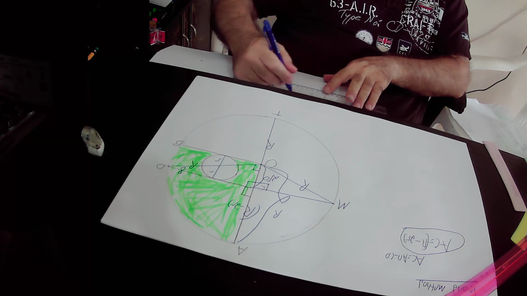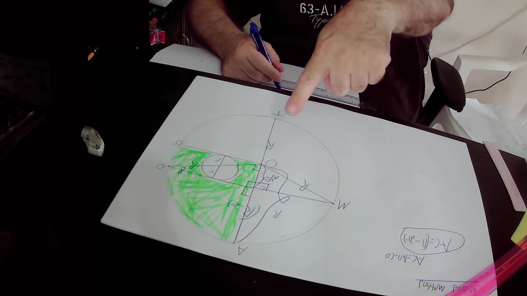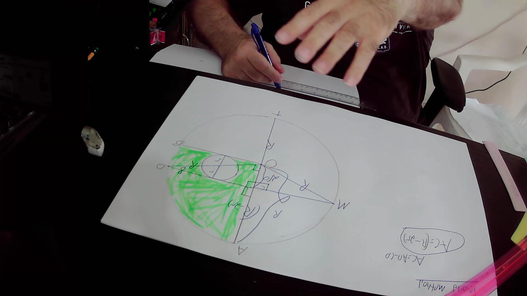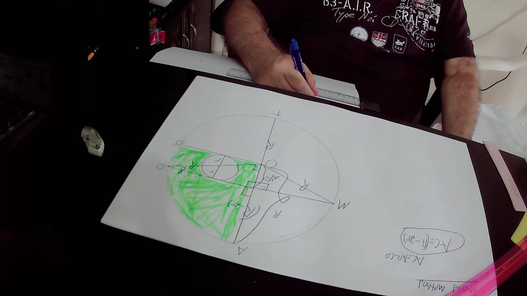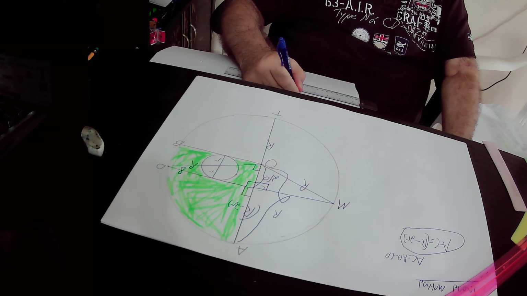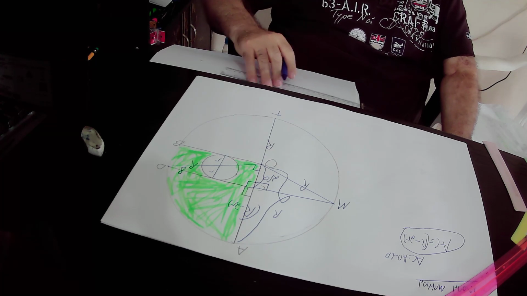In addition, we have side MO that is equal to side OD. They are both the radii of the big circle, therefore they are equal to each other. So MO equals OD, and they are both equal to capital R.